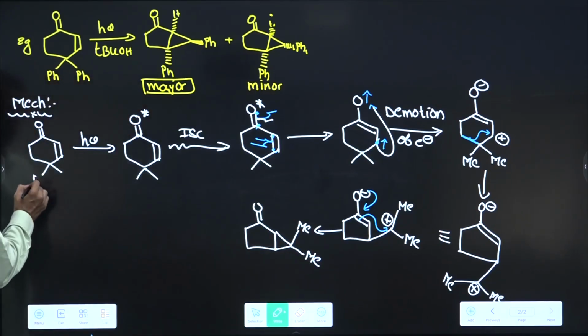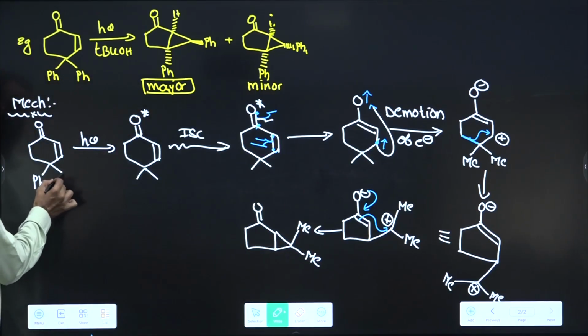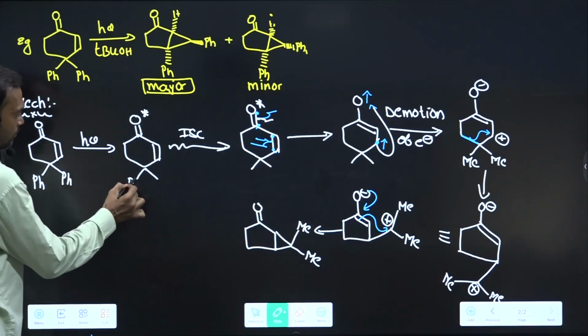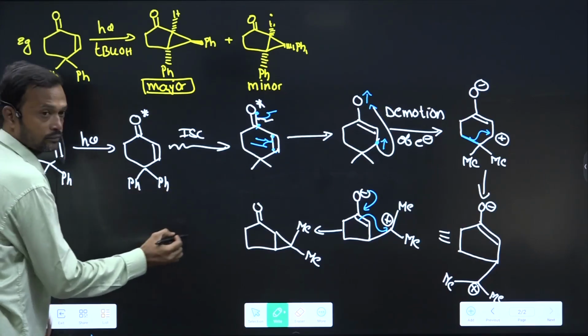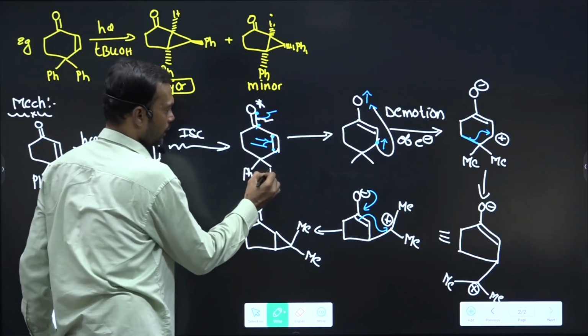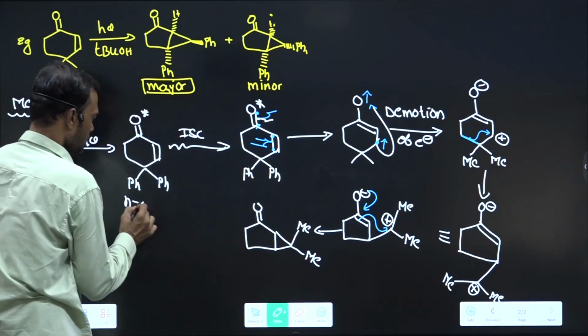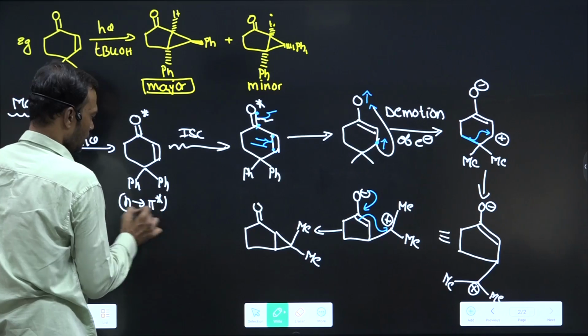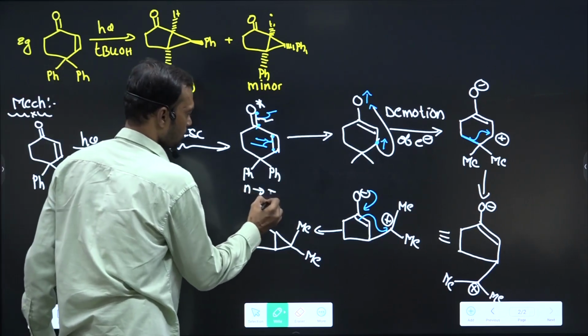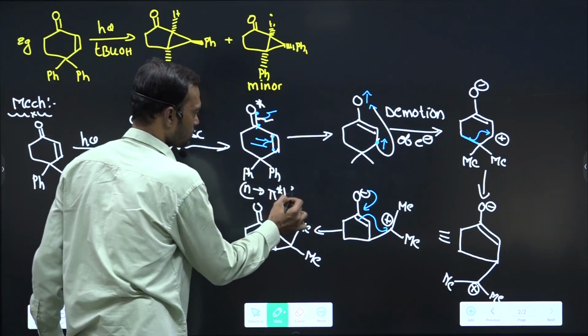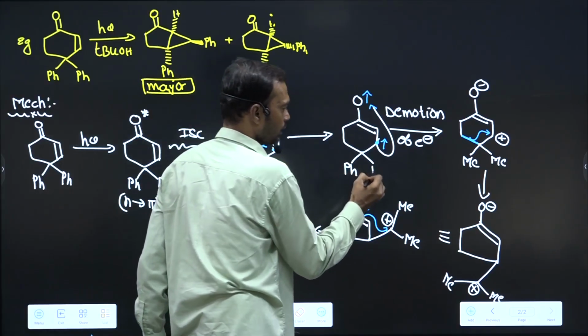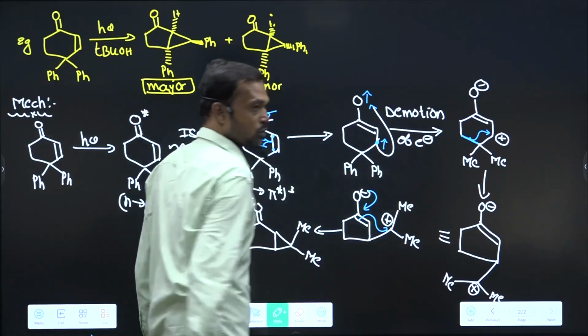So the second mechanism for this reaction I am writing. Two phenyls: if I take phenyl and this is phenyl, and here also phenyl and here phenyl. What is the state? n to pi star singlet, n to pi star triplet. Now here also phenyl and here also phenyl. Same demotion of electron.